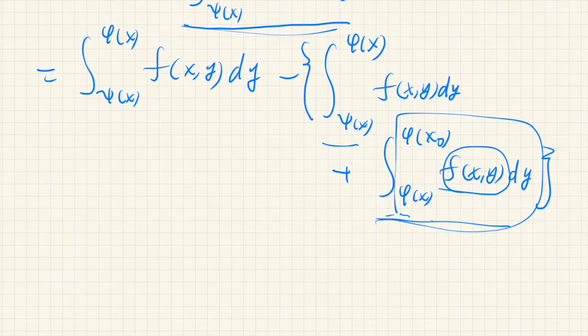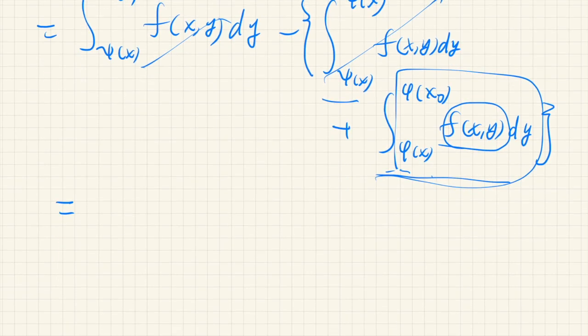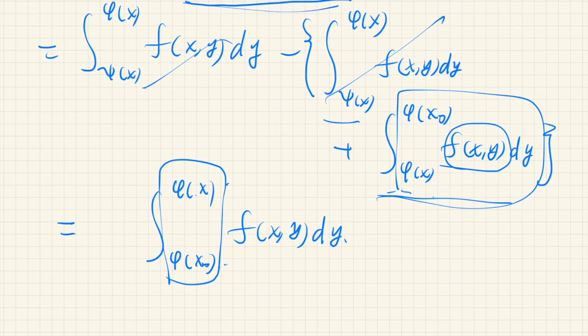Now if we calculate, this integral and this integral will cancel. So what we have left is this integral. Maybe we can swap the upper and lower bounds to have x and x0. But anyway, this interval here is very small, right?